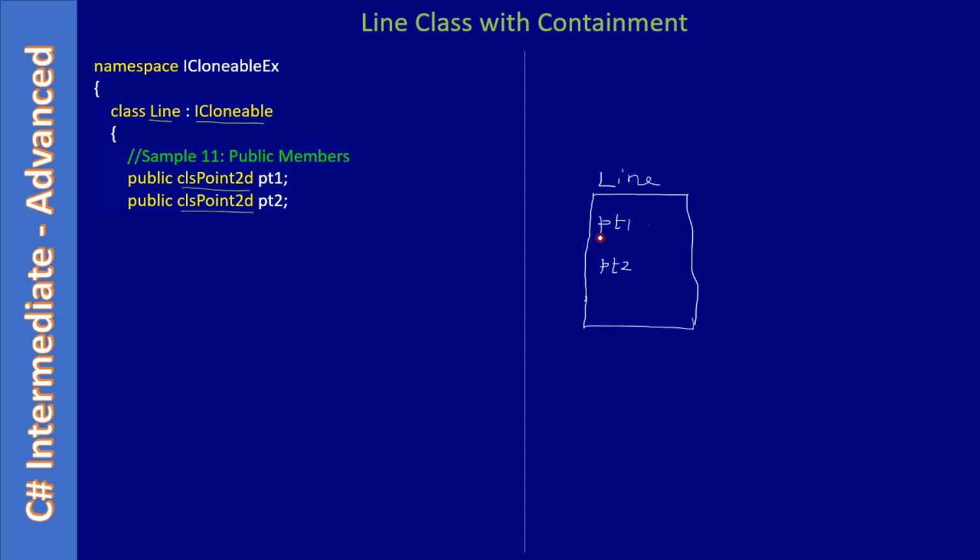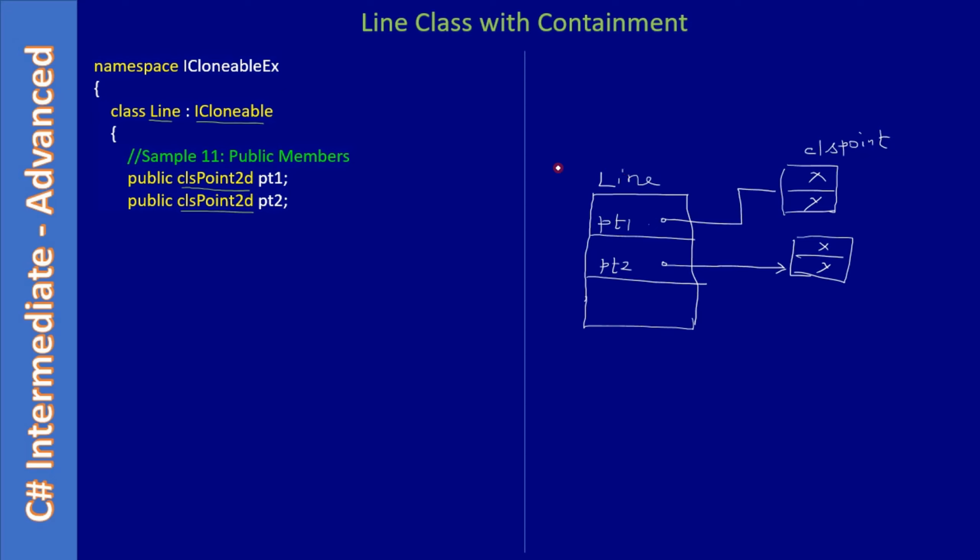Since it's a reference type, this will point to some other location, and this location contains x and y. We call it a CLS point instance. Similarly, there is one more CLS point instance that contains one more x and y.